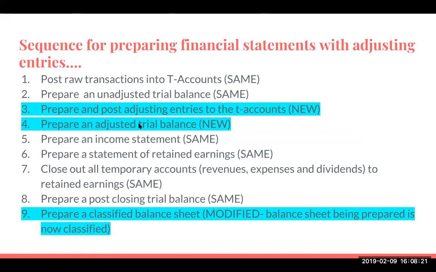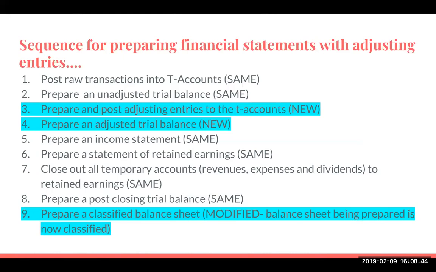So that process is the same. I'm preparing a statement of retained earnings, same thing. I'm closing out all of the temporary accounts, revenues, expenses, and dividends to retained earnings. That part is the same. Post-closing trial balance showing my temporary accounts going to 0 and the balance going to retained earnings. That's going to be the same.